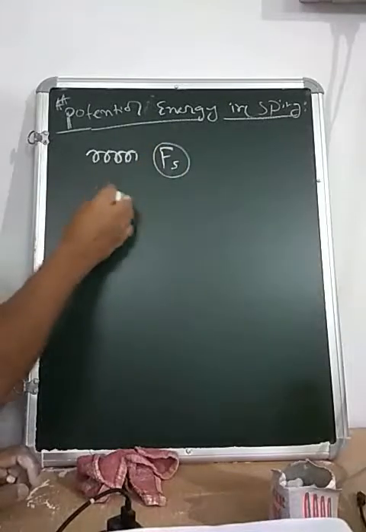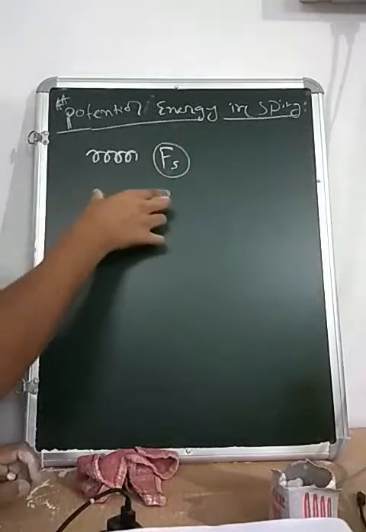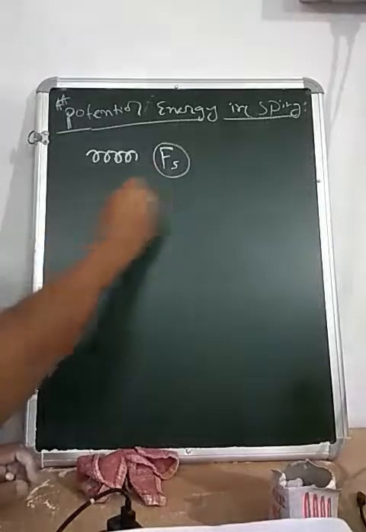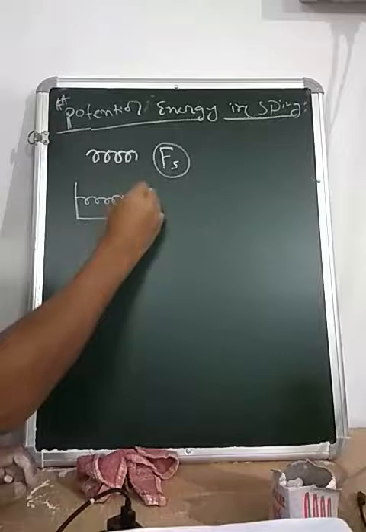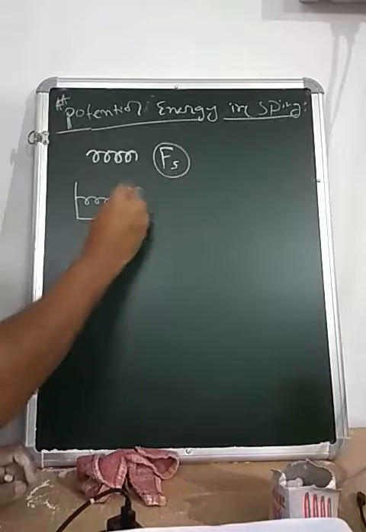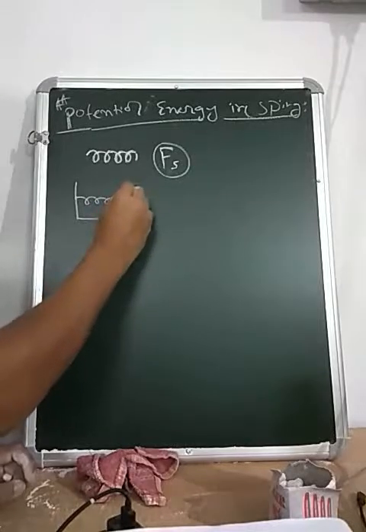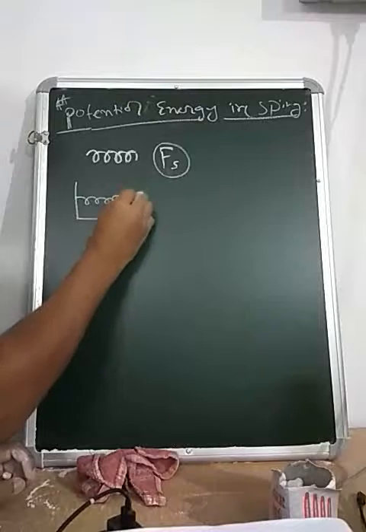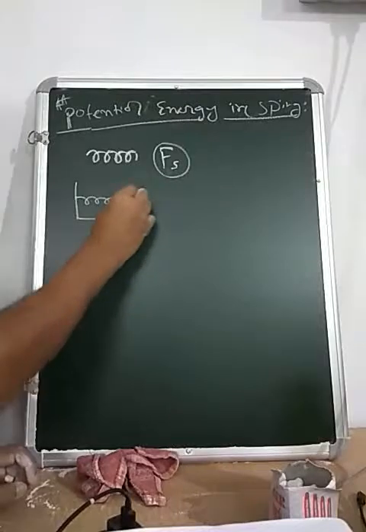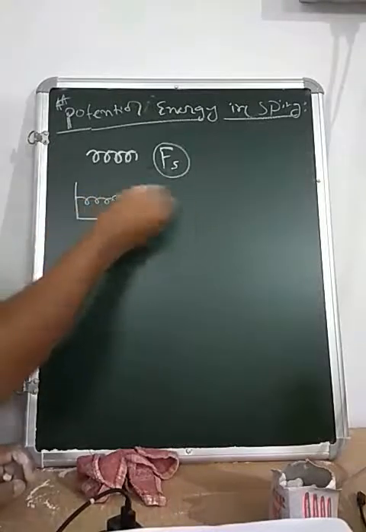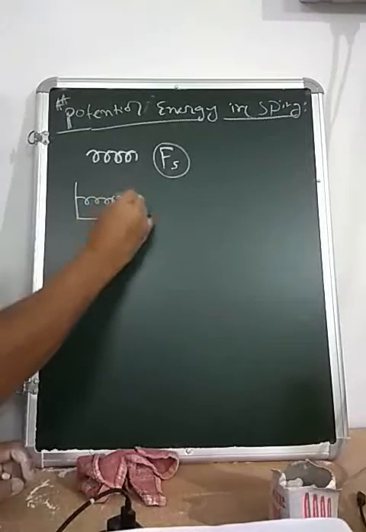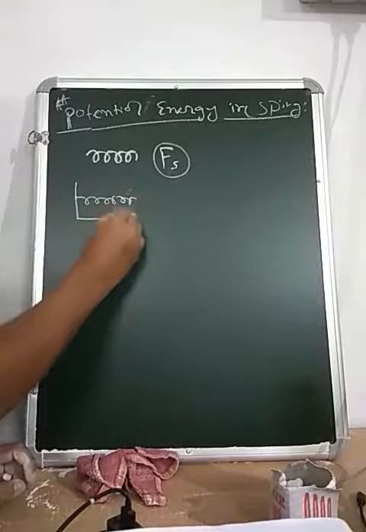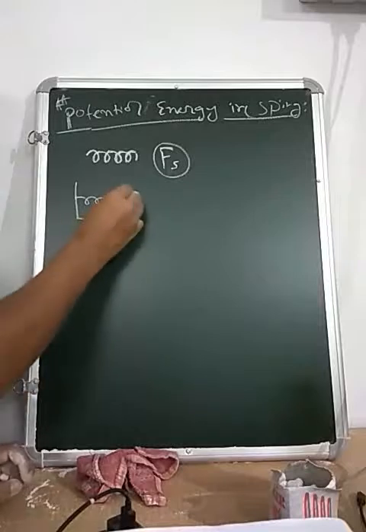Similarly, when I expand the spring, what happens? Suppose there is a spring and there is an object, and I pull. We grab the other end of the spring and pull it to extend it.